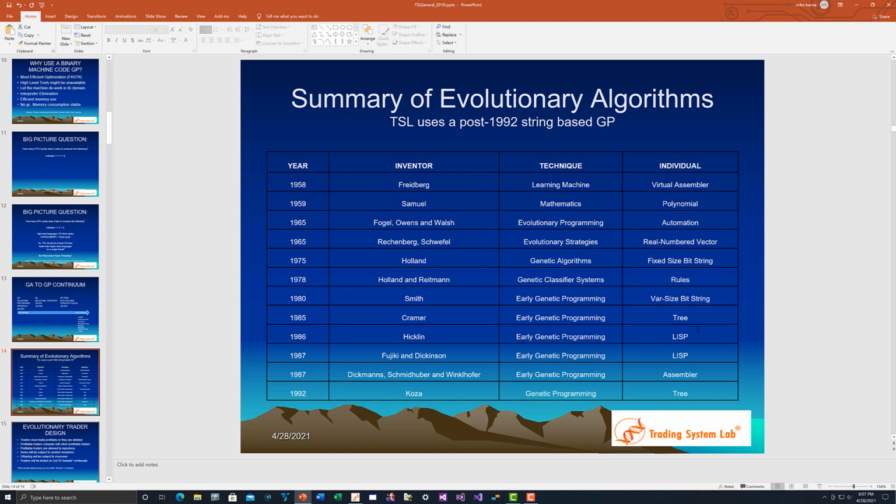Now there were other earlier versions of genetic programming, but Koza is well known for a lot of books on genetic programming that discuss the tree-based genetic program and how genetic programs can rediscover formerly patented and novel and unique solutions in a variety of industries.